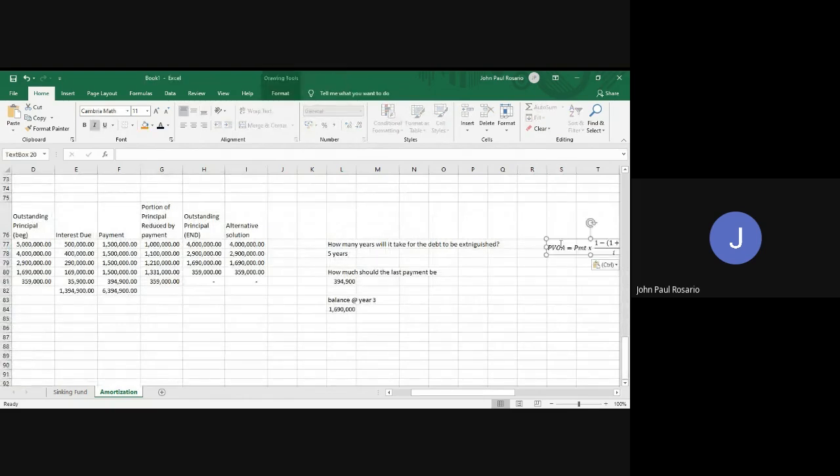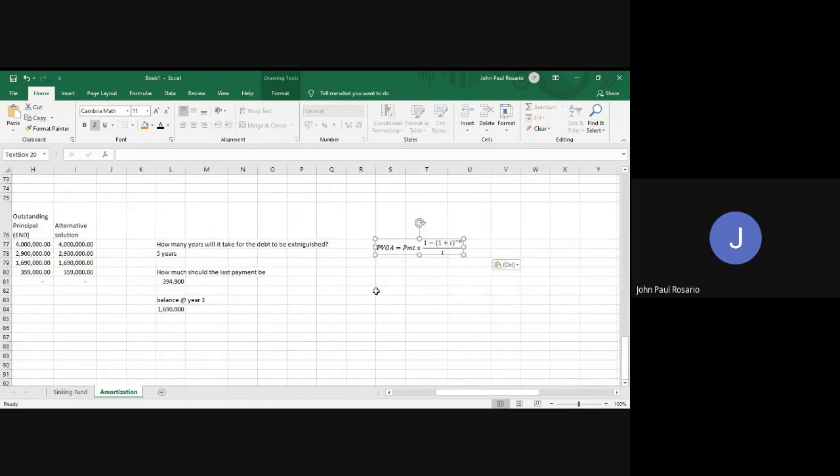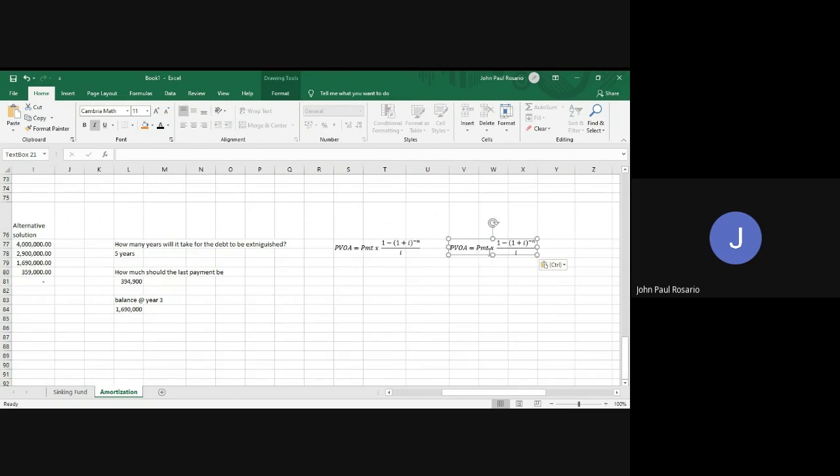And from this formula, let's try to substitute the payment, which is 1,500 plus 500 plus 1.10. Okay, so our n is, we don't know that, and then 0.10. Okay, so let's try, like for example, 3.